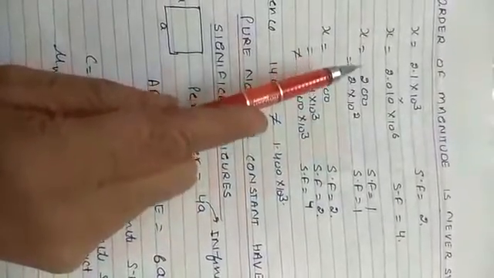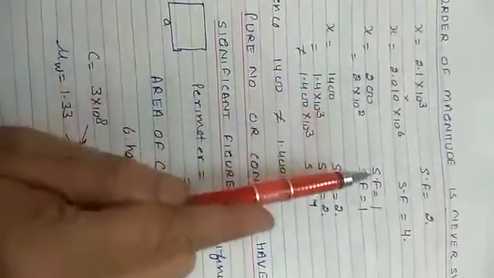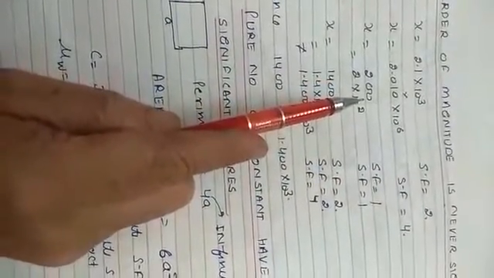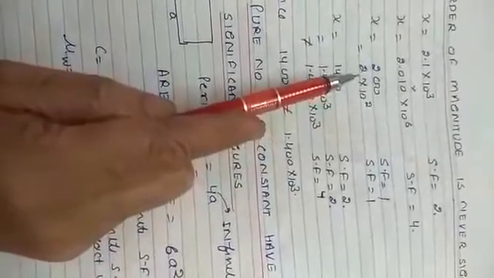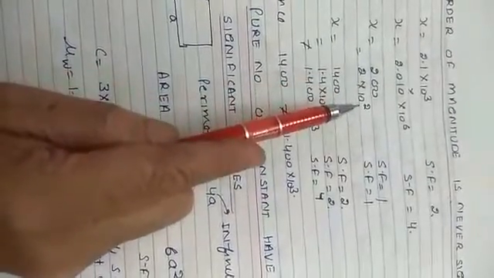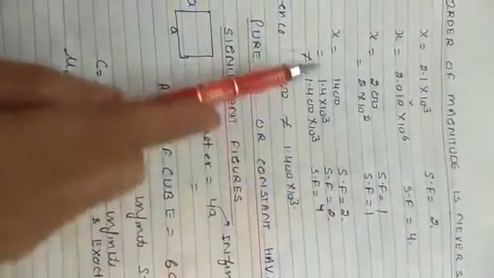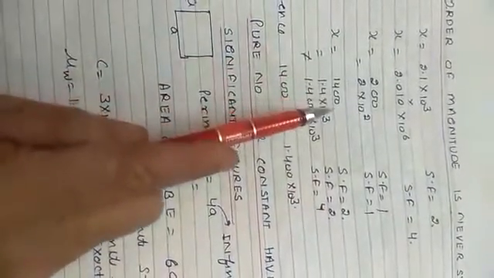If we have x is equal to 200, significant figure is 1 because these zeros are ending zeros but they are not after the decimal. So we can write it in the form of 2 into 10 to power 2 also. That's why significant figures are 1. And x is equal to 1400.